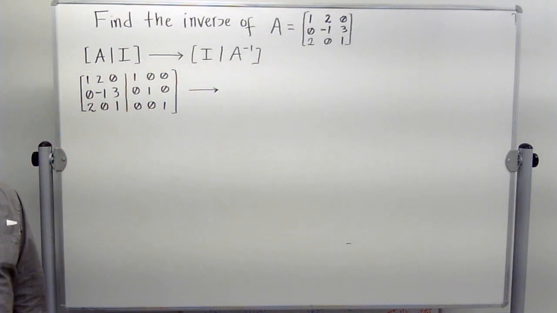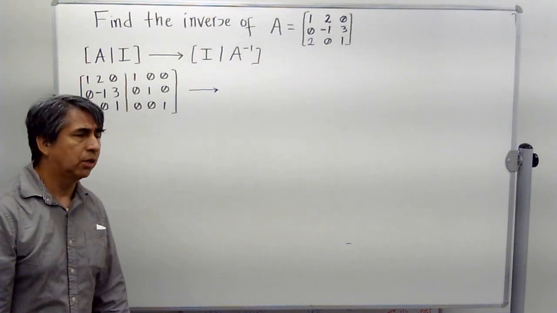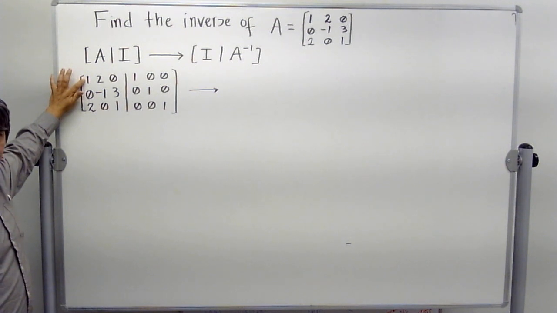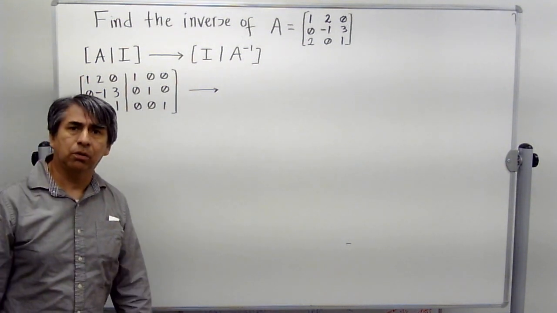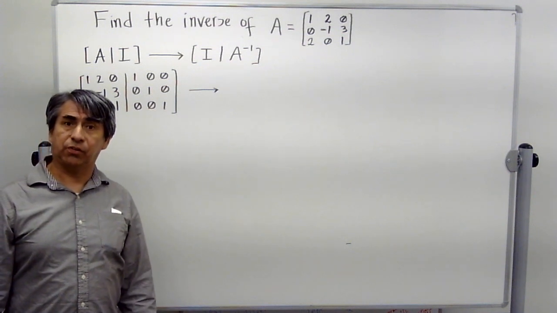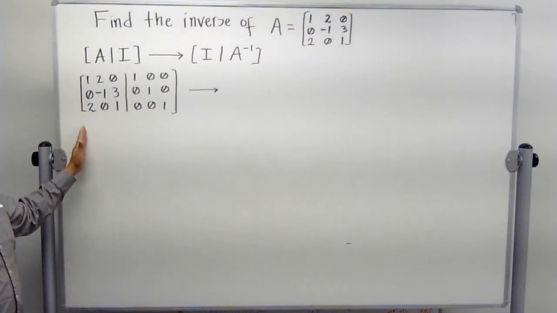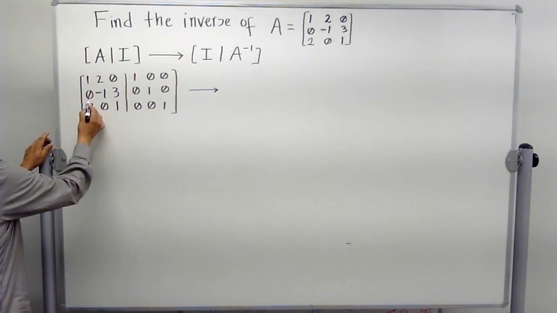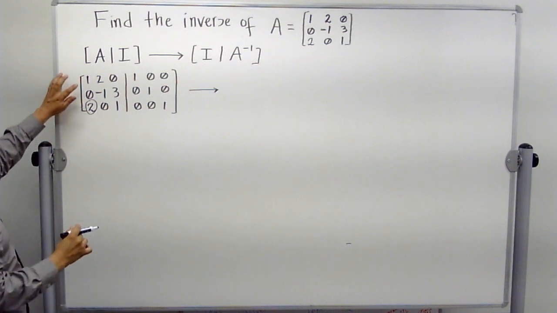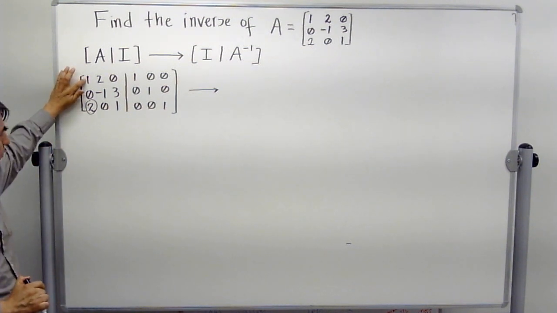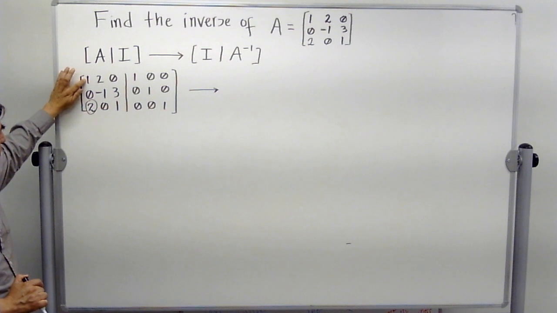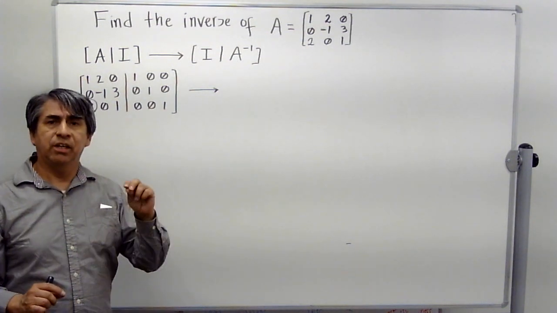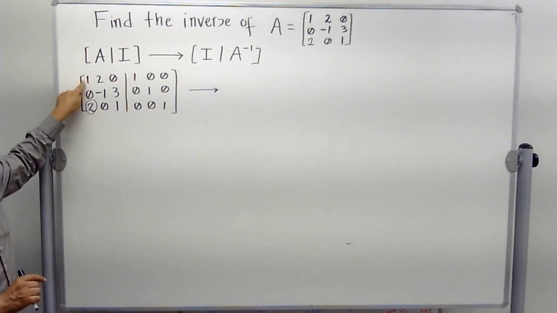We first use the 1, 1 entry of the augmented matrix to eliminate all other non-zero entries in the first column, which in this case is only 2. That's the only non-zero entry of the column of the 1, 1 entry. To eliminate that 2, which is in the third row, we will have to take row 3 minus 2 times row 1.